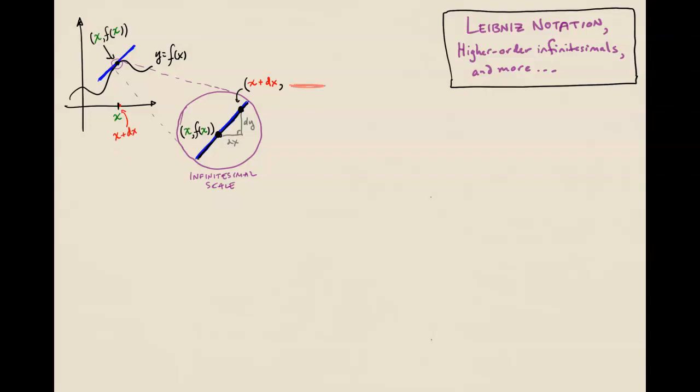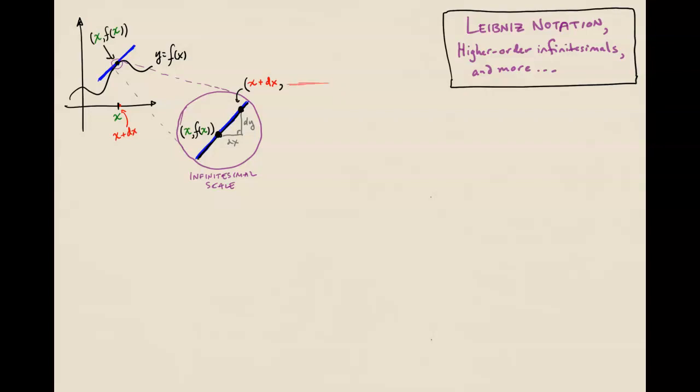Okay, but what about the second coordinate of this point? You might say, well, that's just as easy. The second coordinate of this point was f of x, and now we've added on an additional dy, so shouldn't this be f of x plus dy? Yes, that is correct. But what I would like to do is to reduce the number of variables here.